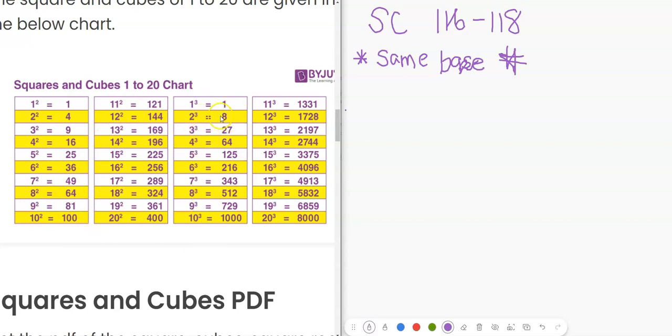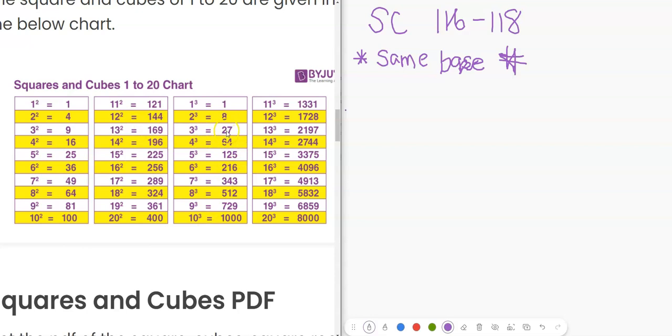You should be able to look at 8 and know that's the cube of 2, because 2 times 2 times 2 is 8. One of those numbers is 27. You should probably know at least the first 10 cubes for the most part. They get pretty big, so even if you know up to 5, that should be good enough. I would go up to 12 on your squares and about 10 on your cubes.